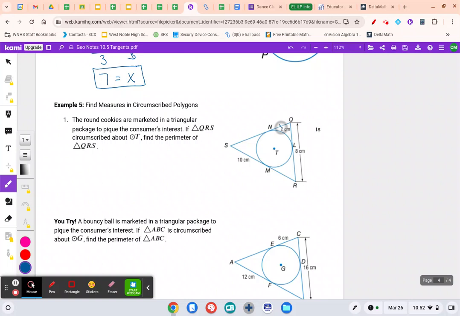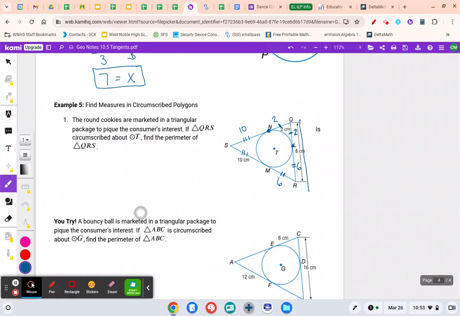Okay, so we know things. All right, we know that this is 2 centimeters. And since these are all tangents, we know that this is 2 centimeters. And since this whole thing is 8 centimeters, 8 minus 2 is 6 centimeters, which is congruent to this guy. And then we know this guy is 10. So now we have all the information we need.